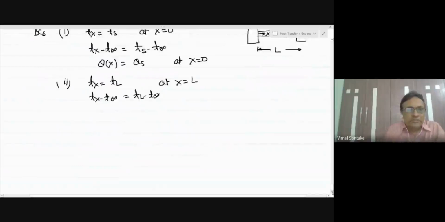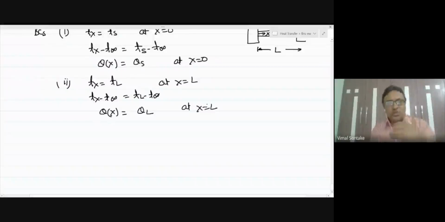Or in terms of excess temperature, theta x is equal to theta L at x equal to L. So once again, these two boundary conditions are there for case number 4.